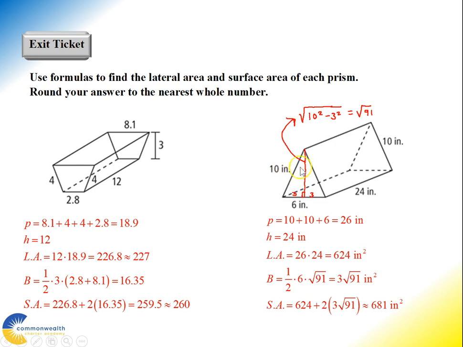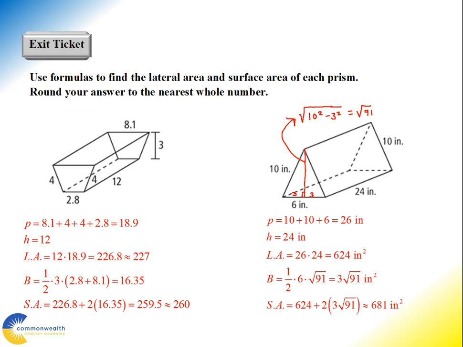Now when I do the area of the base, I do 1/2 times the base, which I'm using 6 as the base, times the height, which is the square root of 91 I found before. I would end up with 3 times the square root of 91 square inches.